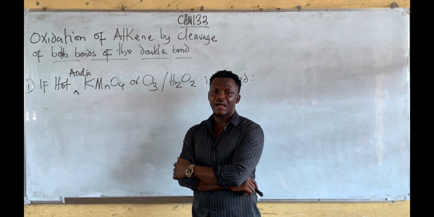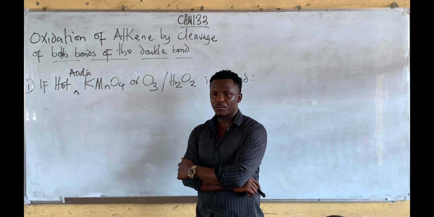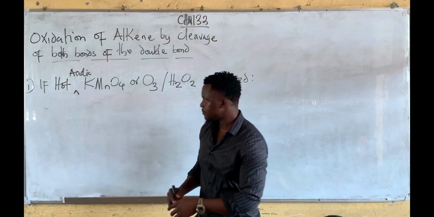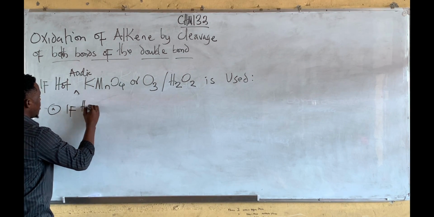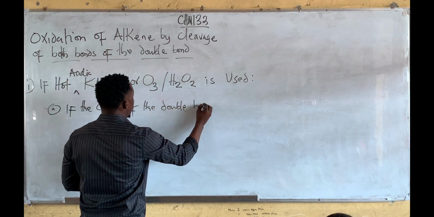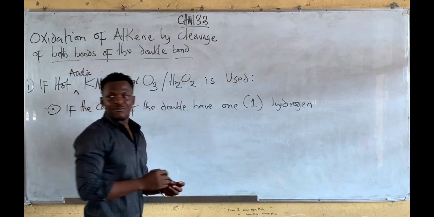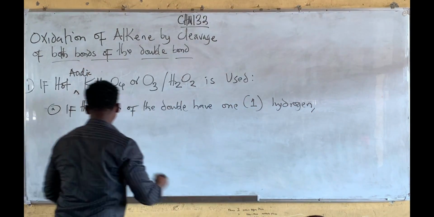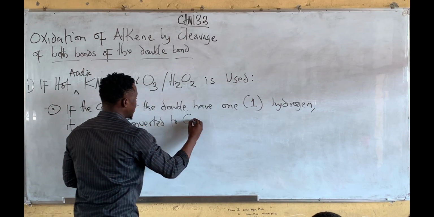A. If the carbon of the double bond has one hydrogen, it will be converted to carboxylic acid.